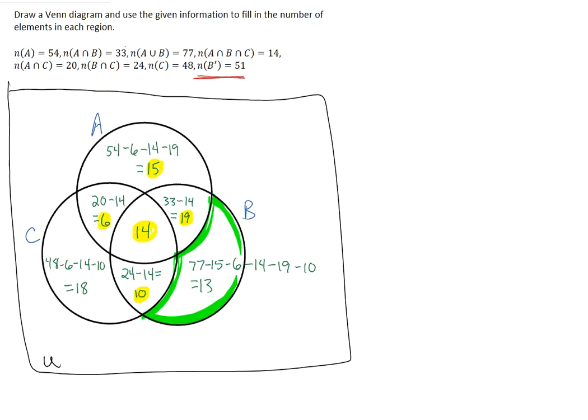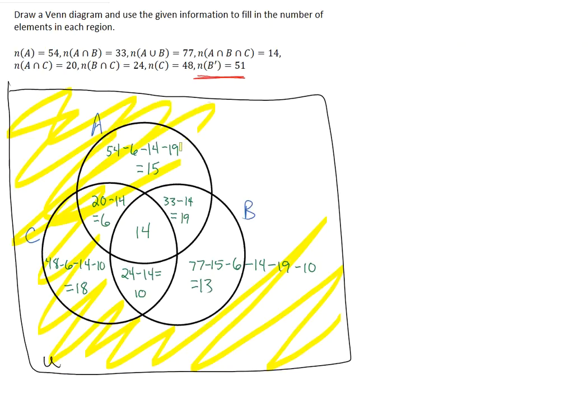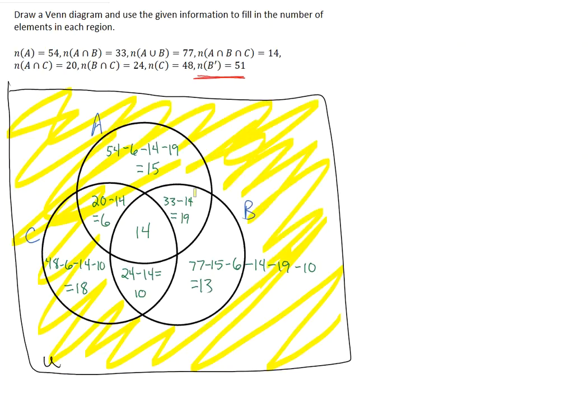Now B complement is everything that's not in B. To show this, it'll be easier if I shade the region. Everything that is not in B also includes the universe that's outside of our other three sets. So it's all that, just not this circle that is B.